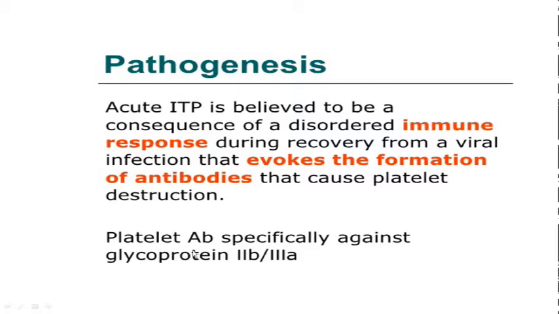It is responsible for the platelet degradation, since the antigen of a virus, through molecular mimicry, will evoke formation of antibody against the autoantigen, that's our own antigen on platelets.